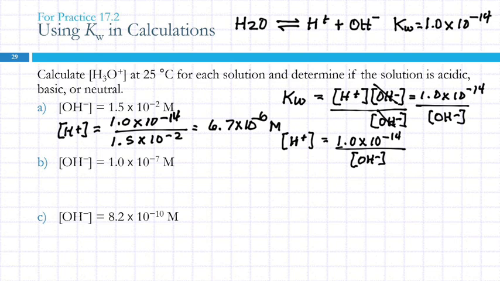So if this is the hydroxide ion concentration, did I do that right? No, I didn't. That's wrong. Wait a minute. I put 1 times 10 to the minus 7 instead of 14. Why? I don't know.